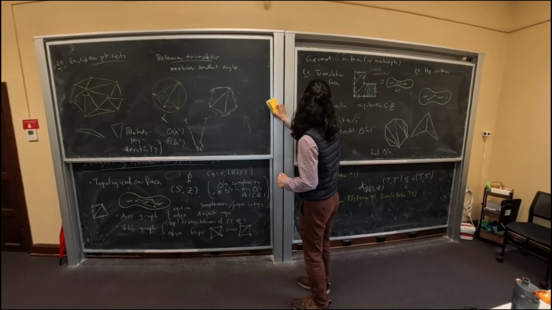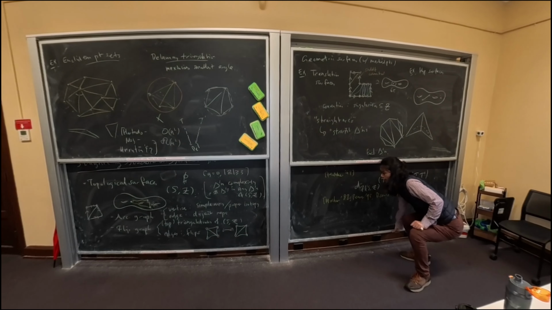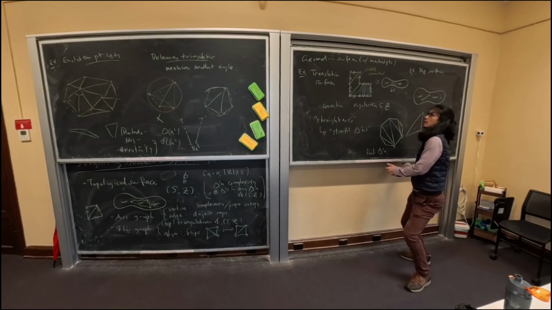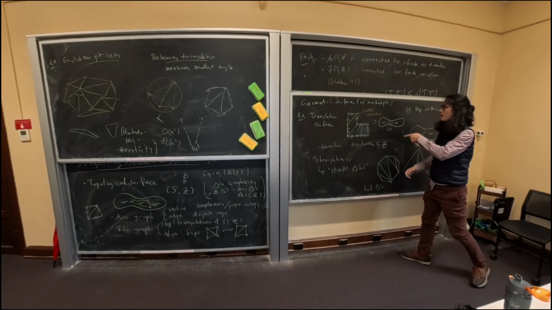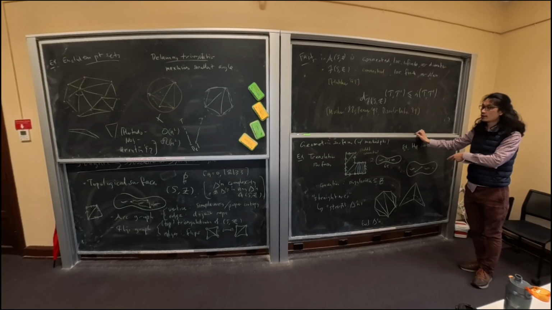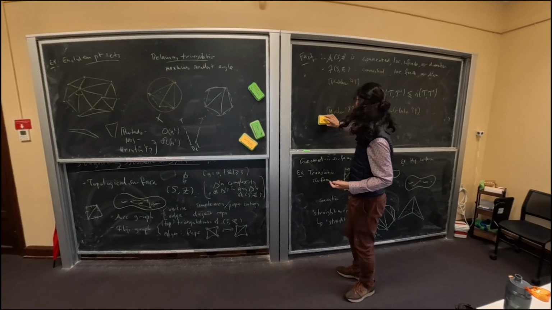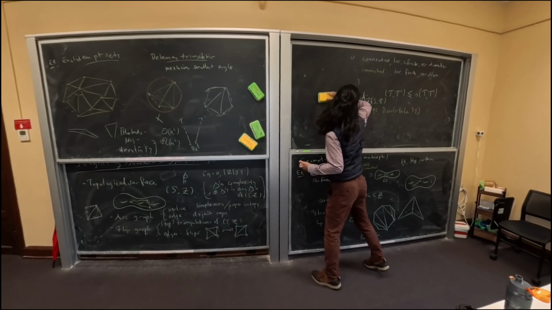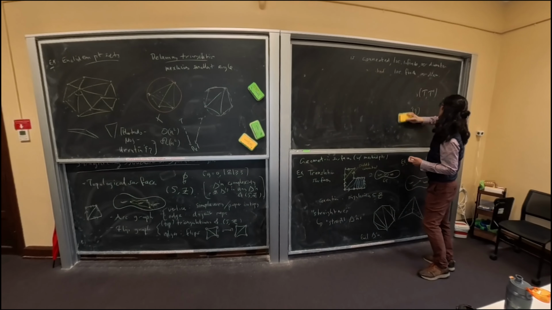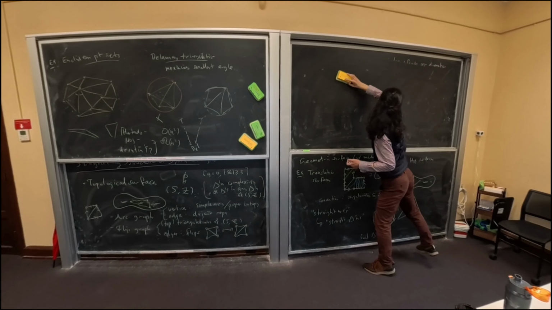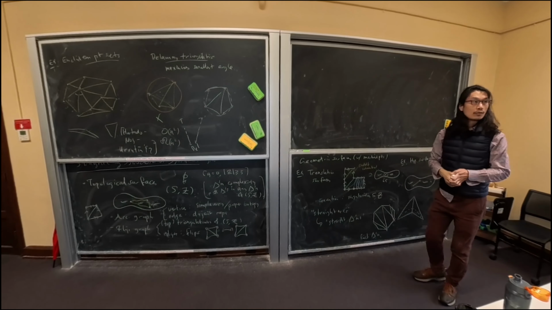Okay, so Delaunay methods have been applied to these two settings as well. There are notions of Delaunay triangulations for translation surfaces and for hyperbolic surfaces, and this is what people use.